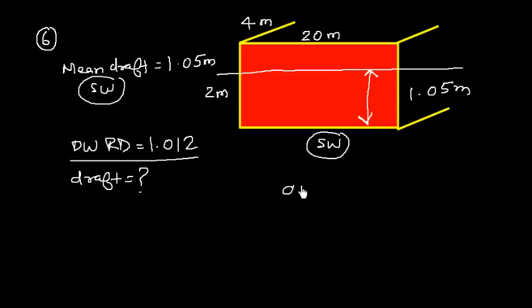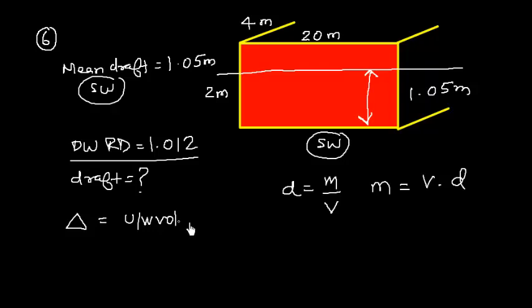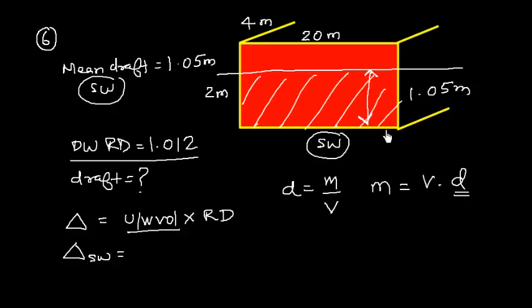Well, we know that the density is equal to mass over volume. So the mass is equal to volume into density. So instead of mass, I can use the displacement, which is equal to underwater volume, and instead of density I can take relative density. So in case of salt water, the displacement is underwater volume, and in salt water the underwater volume is this one, which is 20 meter into 4 meter into 1.05.